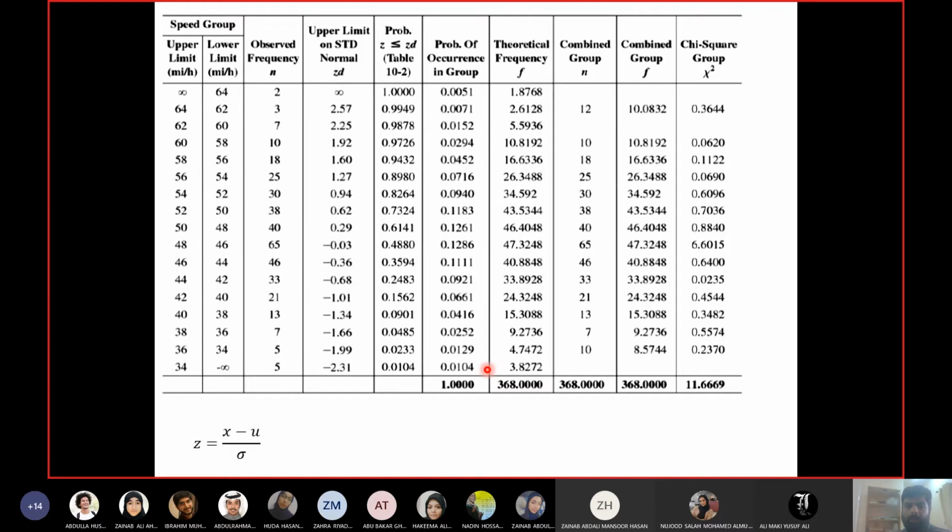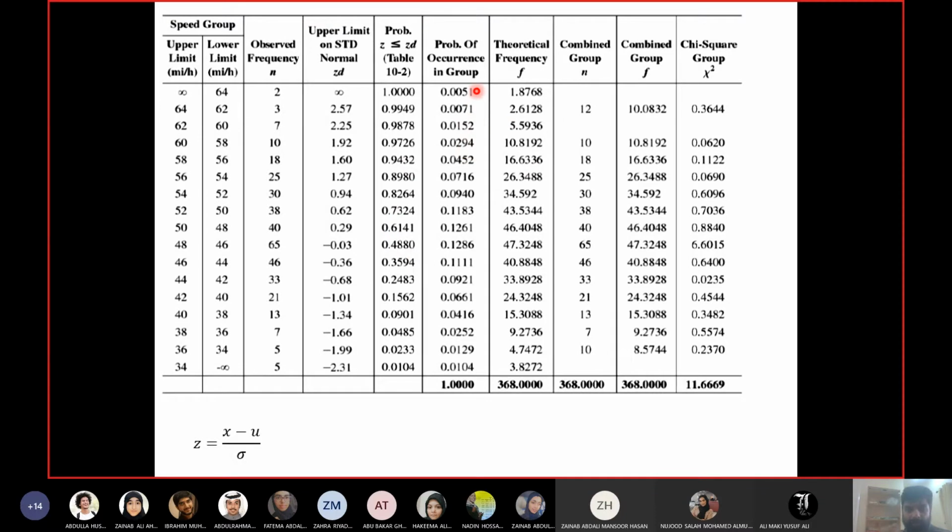Now, using these probabilities I will find out the theoretical frequency. What is theoretical frequency? Multiply the probability for each group with the total number of values, summation of small n or capital N. For this example, the total number of values was 368, so each value will be multiplied with 368.